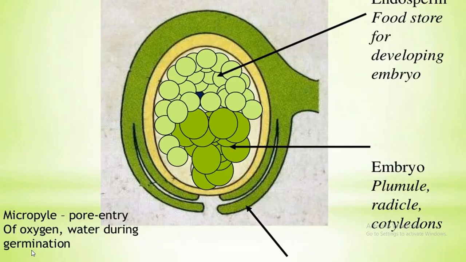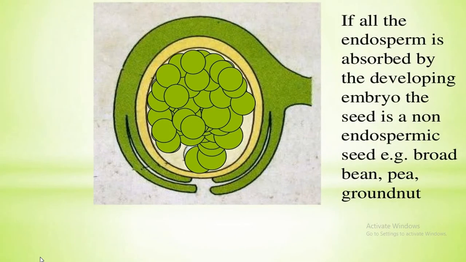Now let us see the endosperm. This is the endosperm, which stores the food for the developing embryo. And this is the embryo, where the plumule, radicle and cotyledons are present. If all the endosperm is absorbed by the developing embryo, the seed is a non-endospermic seed.